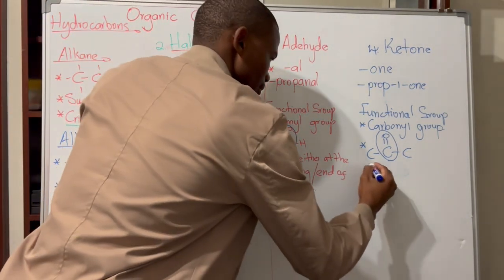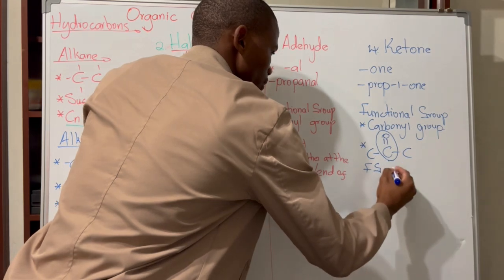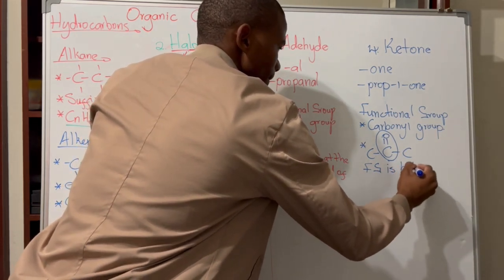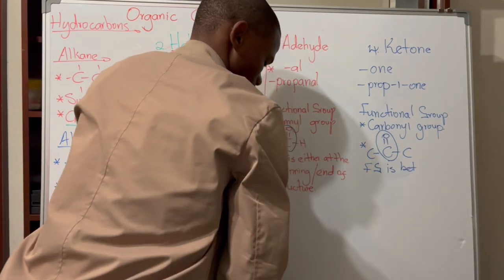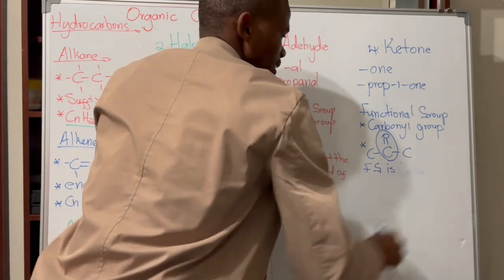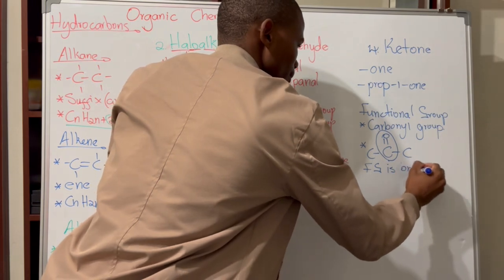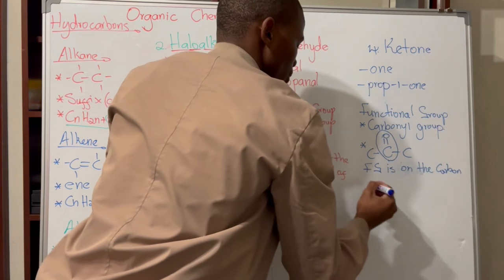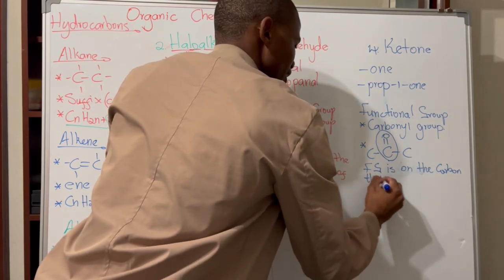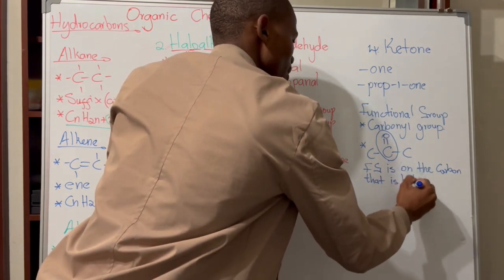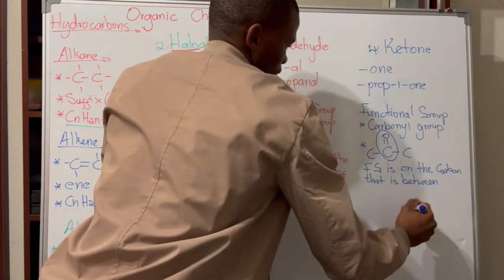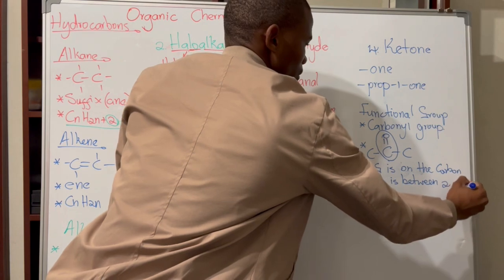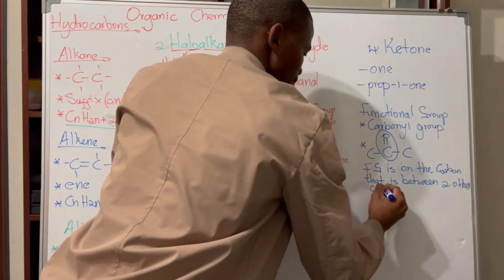While here, the functional group is on the carbon that is between two other carbons.